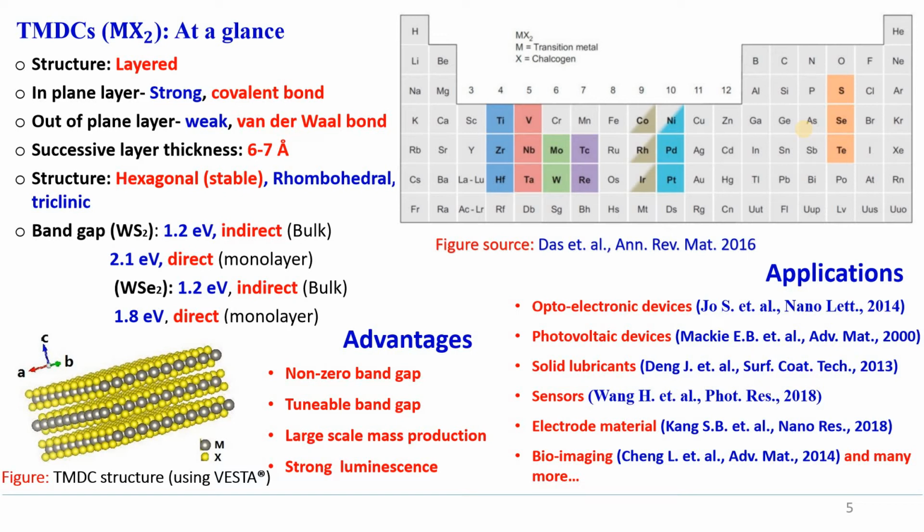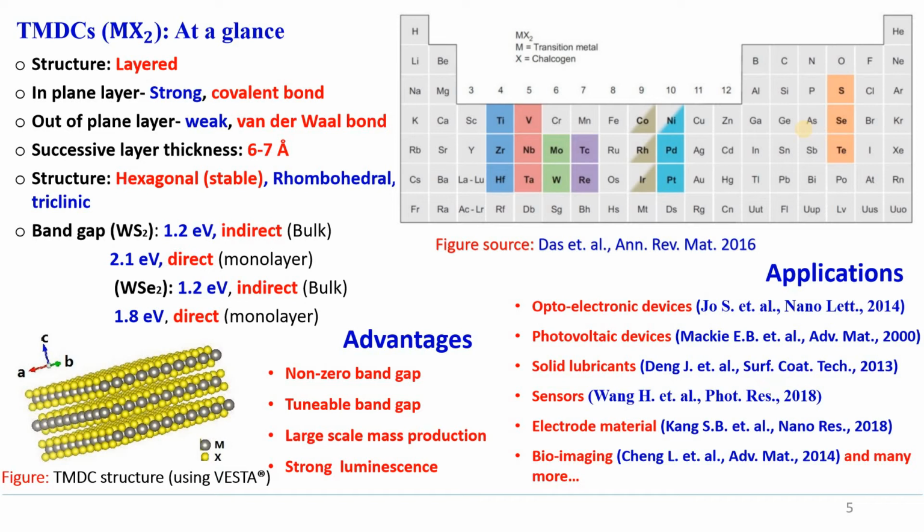Like the graphitic system, they also grow in layered morphology, and atoms in a particular plane or sheet are always bonded by a very strong covalent bond, whereas the different layers are attached by weak van der Waals forces. Structurally, we may find three major phases: hexagonal, rhombohedral, and triclinic.